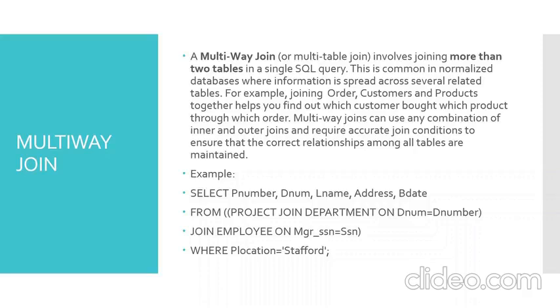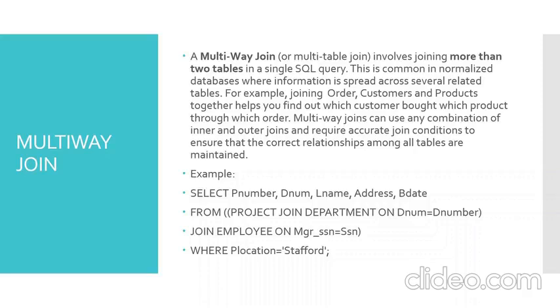For example, joining orders, customers, and products together helps you find out which customer bought which product with which order. Multi-way joins can use any combination of inner or outer joins and require accurate join conditions to ensure that the correct relationships among all tables are maintained.